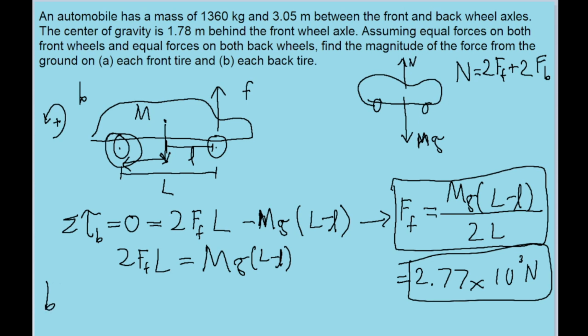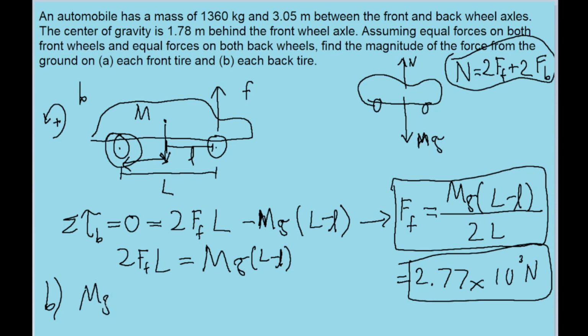Now, for finding the force acting on the other set of wheels, we could do this exact same process, and that would work fine, but there's another way we could do this. As I mentioned earlier, we could use a force diagram to find this formula relating the normal force, which is equal to the weight since they're balanced, with both of the forces acting on both sets of tires. What we could do, now that we have one of the forces, is rewrite this equation to solve for the other variable.